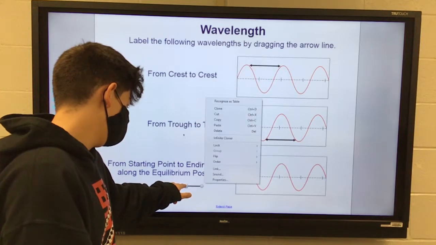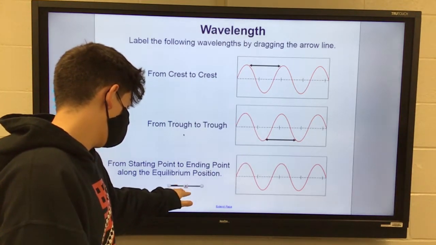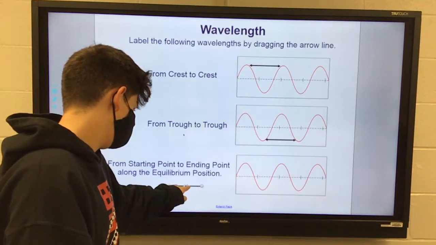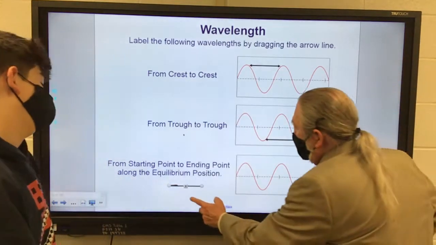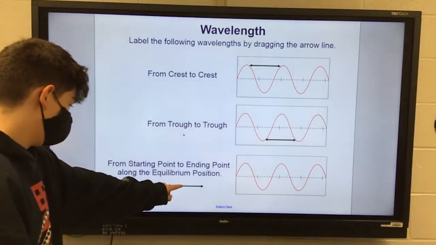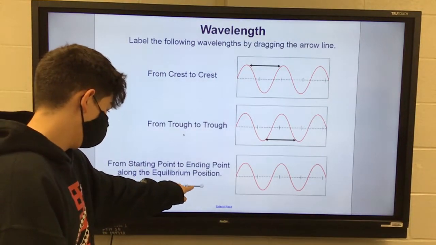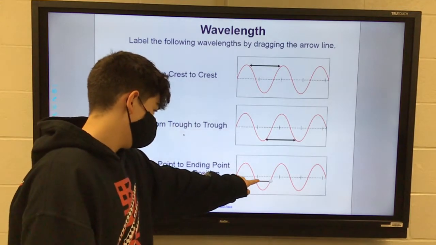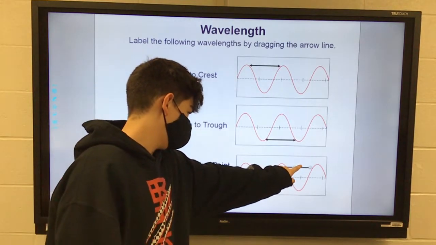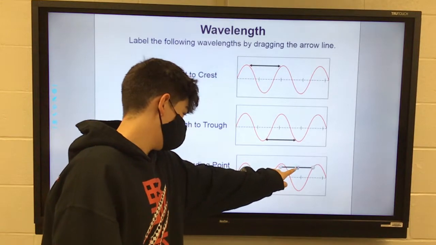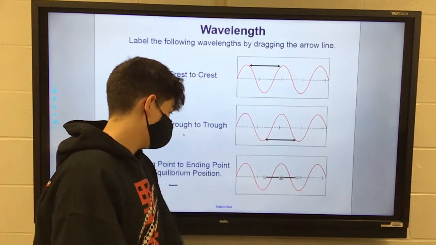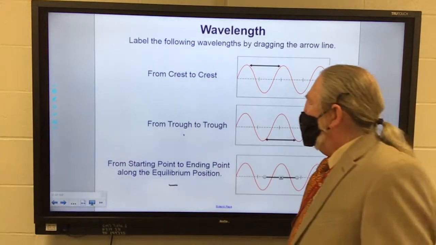You have to put your finger kind of strongly against the board and just move it. Good. Let's try again here. Okay, try it again. There you go. Equilibrium. No, the equilibrium. Where's the equilibrium? The rest position. There you go, right there. Good. I like that. Good job.